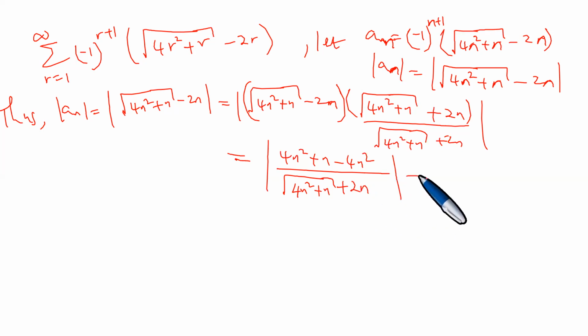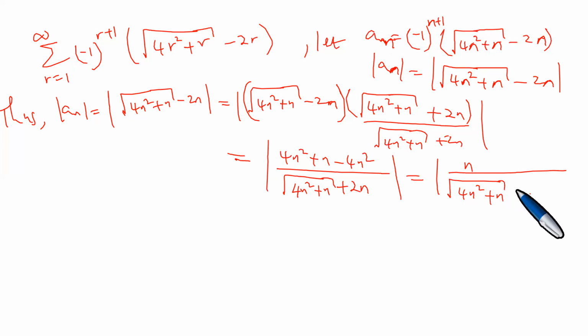So we have this, which means you have n divided by the square root of 4n squared plus n, plus twice n.